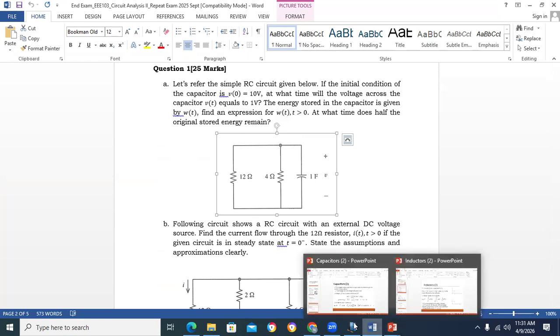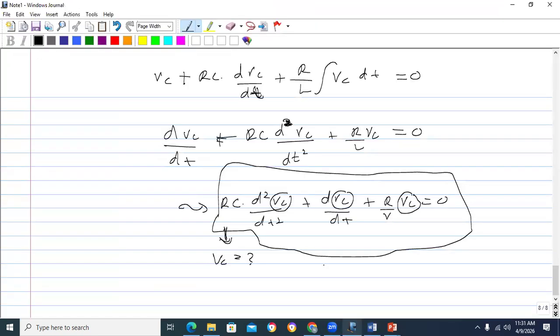It is also given in the note. The energy of the capacitor, you can write it as the integration of Vt it in the time domain. This is the energy. So voltage into current, you need to integrate it within the time period.